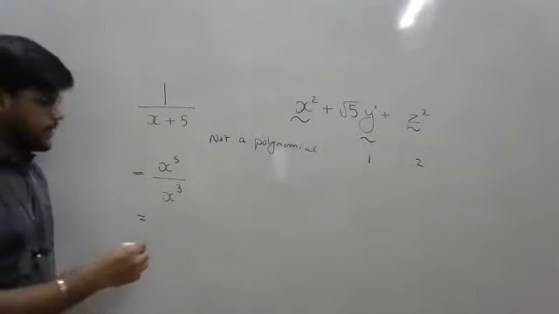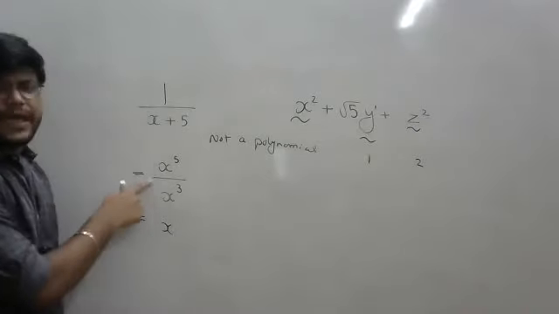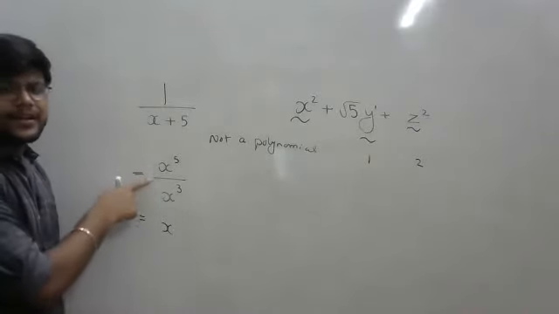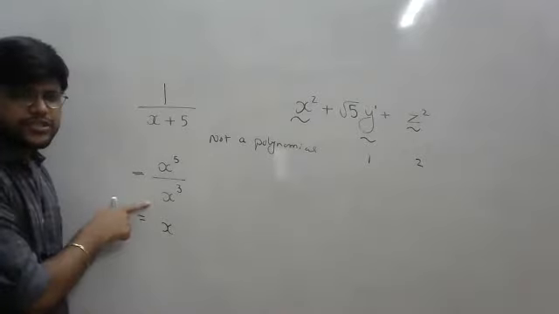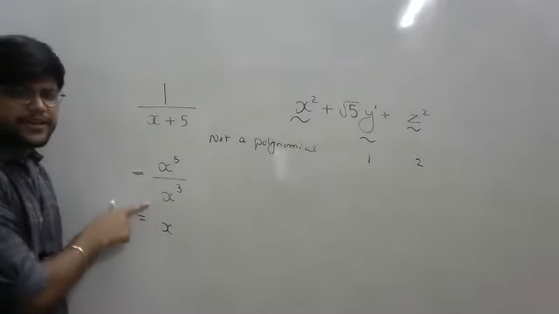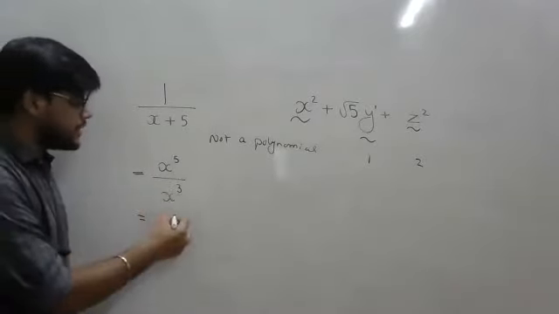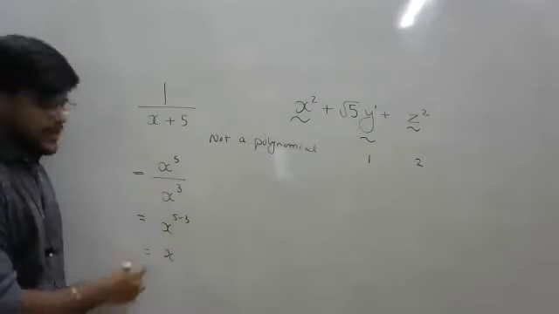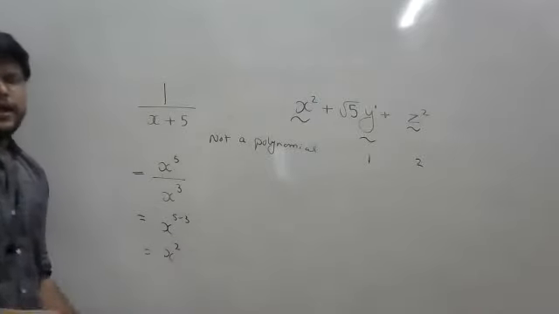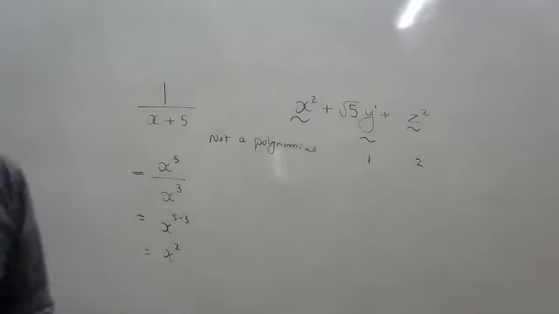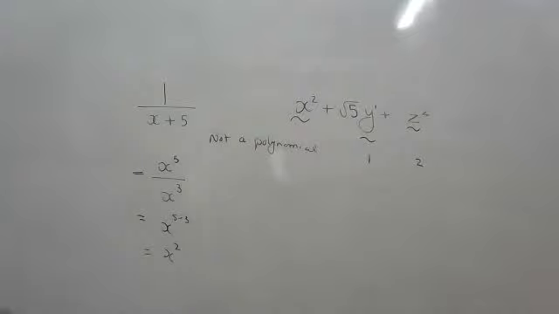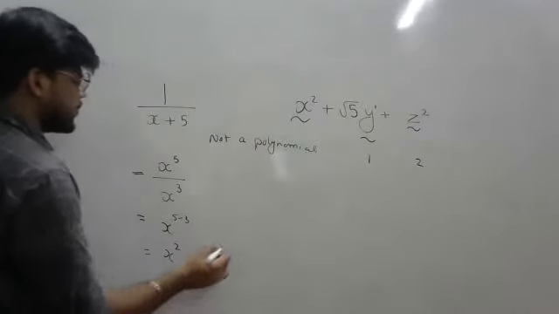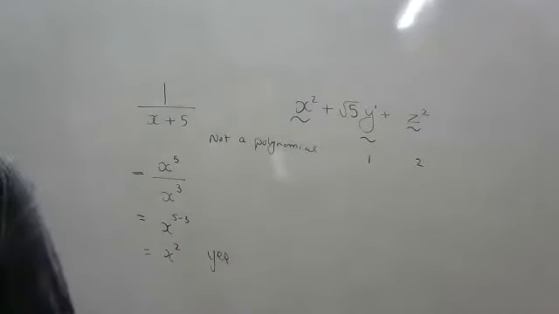When we have the same variable in division, you can subtract the powers. 5 minus 3, and it will be x squared. Now x is your variable and its power is a whole number, therefore you will consider this as a polynomial.